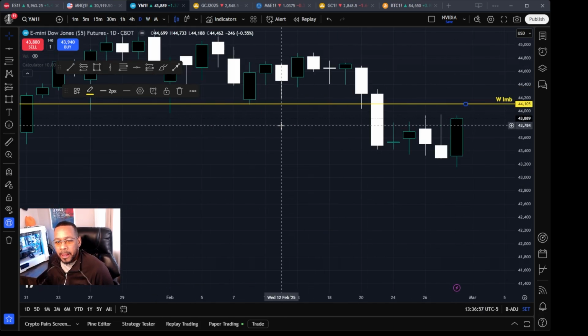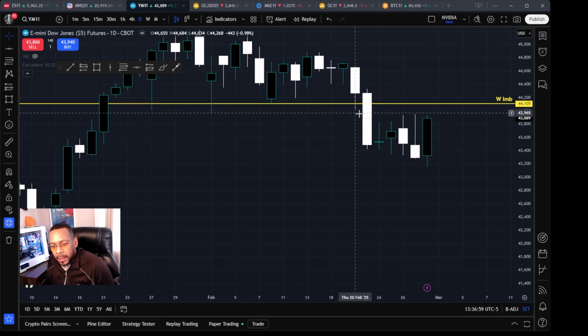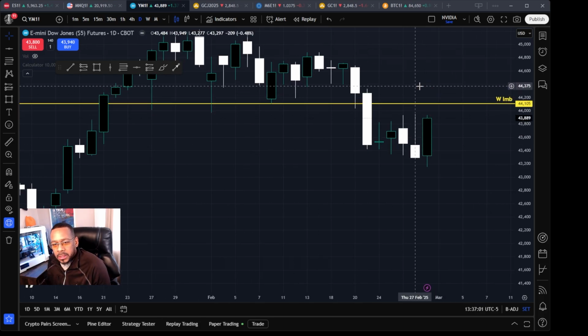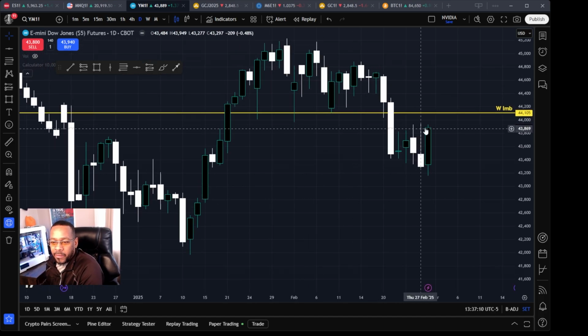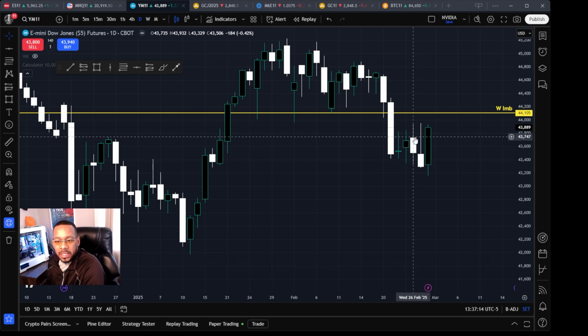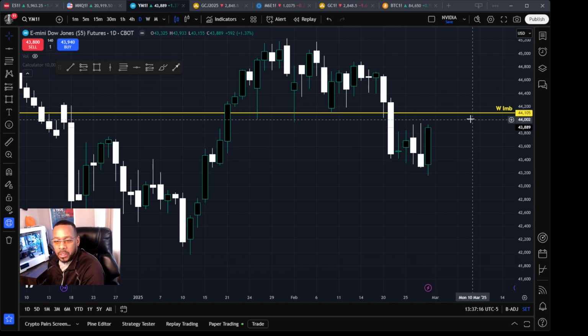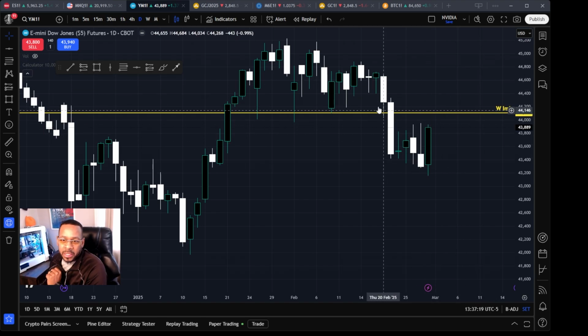Going down to the daily. Not really a lot. Got some here, some here. Going back to what we said before, got a nice bullish candle close above the high of this candle. So high probability it's going to continue up.